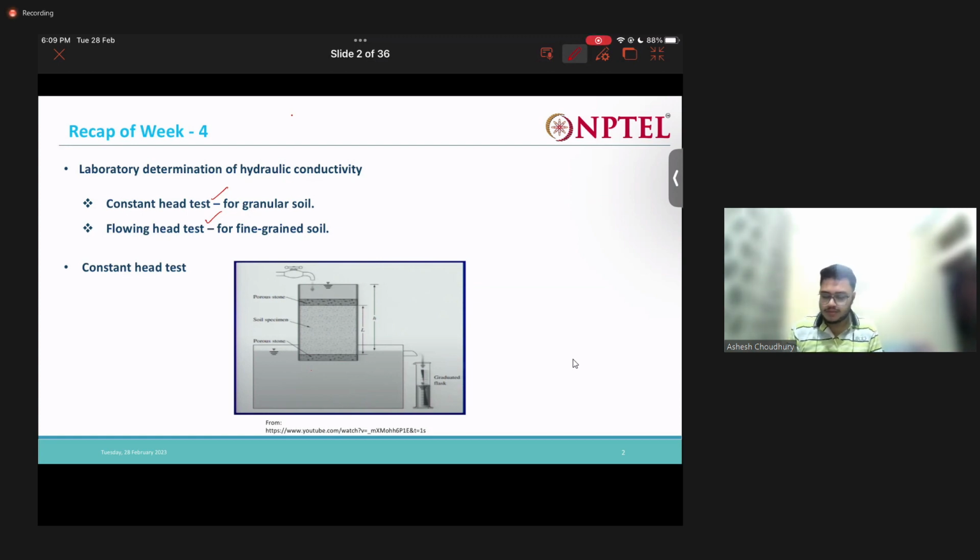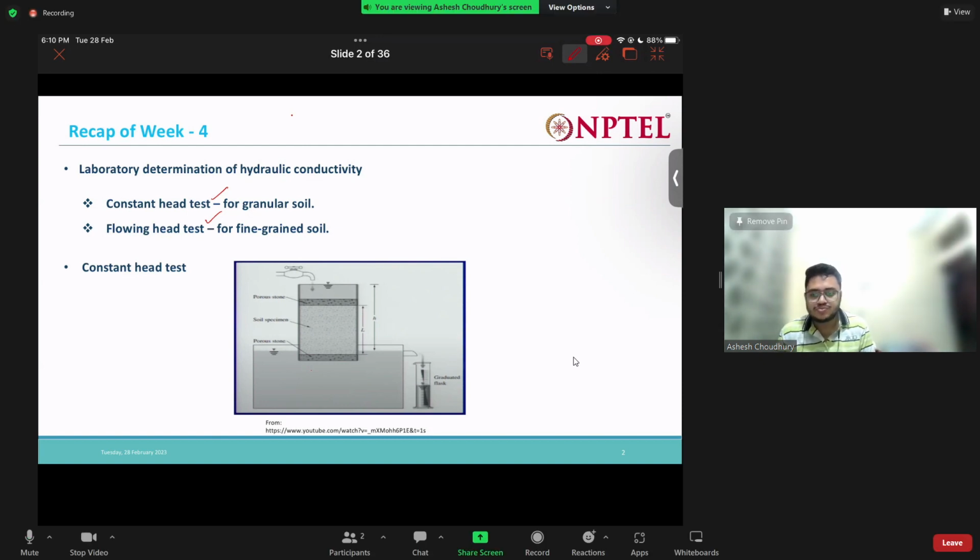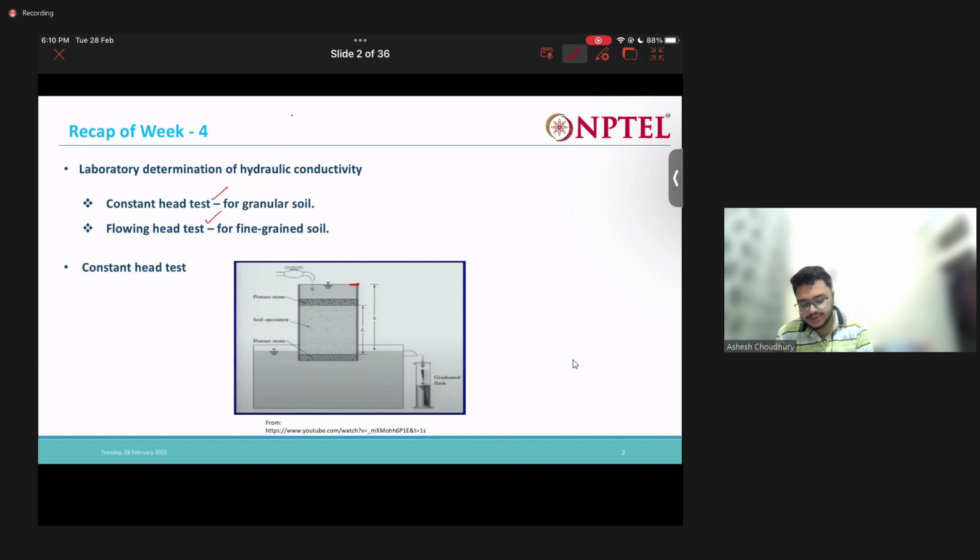First of all, let's see what our constant head test is. In the constant head test, the main concept is that the head of the water is maintained. Here you can see that the soil is placed in this region.